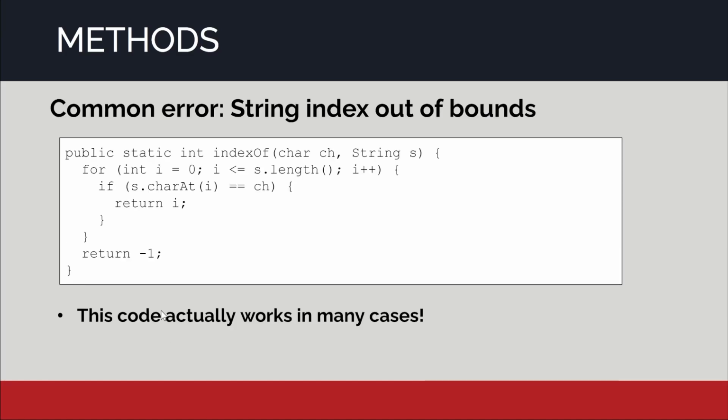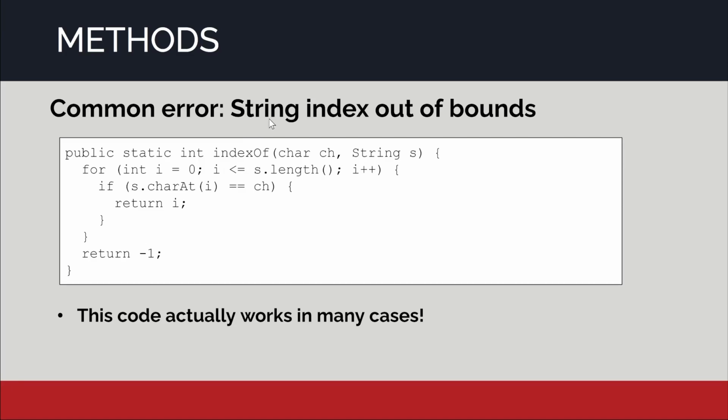Okay, so a common error that you will encounter as you're dealing with strings, and we looked at the charAt method in the previous session, is to accidentally go outside where the characters are in your string.